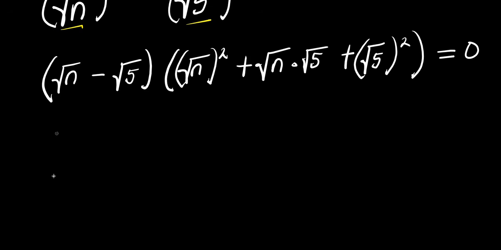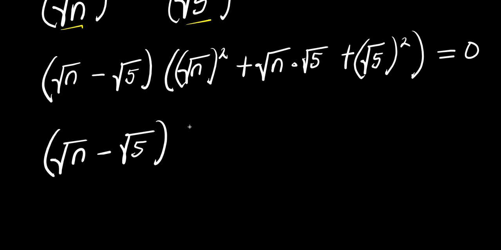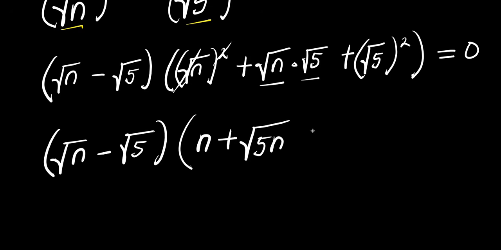So from here, we have square root of n minus square root of 5 times, this cancels this, I have n plus square root of n times square root of 5. This is square root of 5 times n, plus, this cancels this, I have 5, and this equals 0.